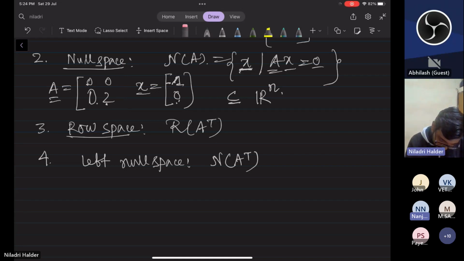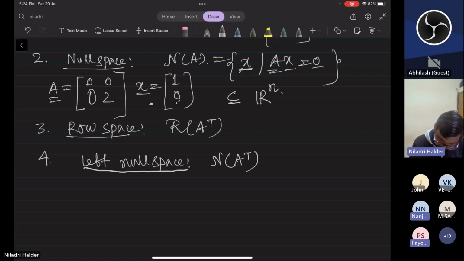Then X will be some vector, 1, 0. If you multiply Ax, that will be 0. So we can say that X belongs to the null space of A. The null space of A will contain all those X's such that Ax is 0.